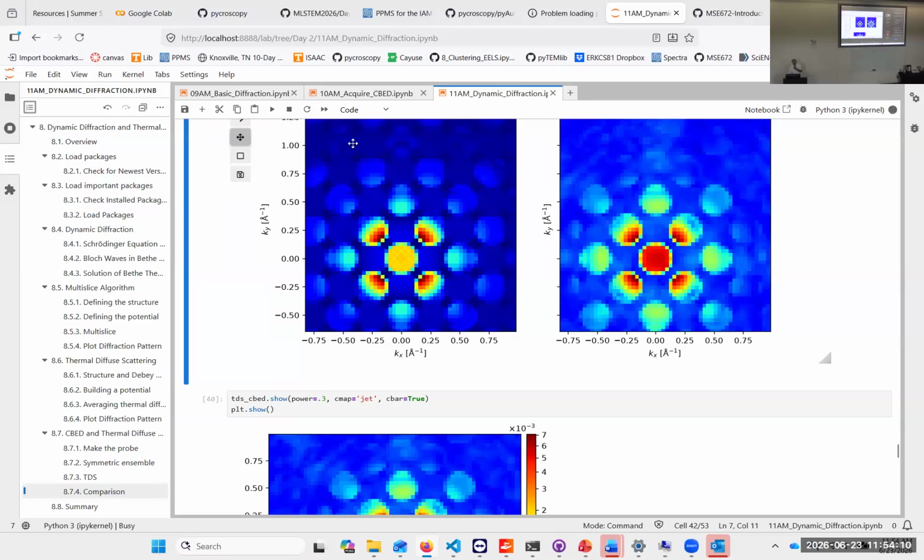So you have this weak oscillation, the weak reflections in the clean ensemble, and the intensity gets redistributed dramatically in the thermal ensemble.